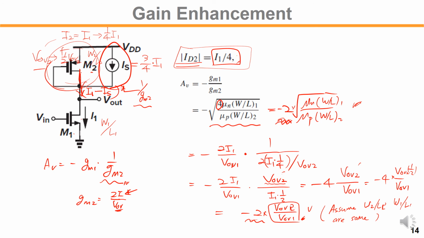In this case, the V overdrive 2, VOV2, is the value before the change, so V overdrive 2 prime here is after the change. And you will get it like this, right? So V overdrive 2 in this equation is before IS is attached. Okay.